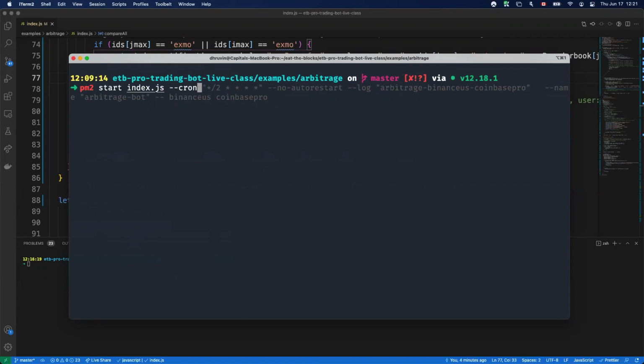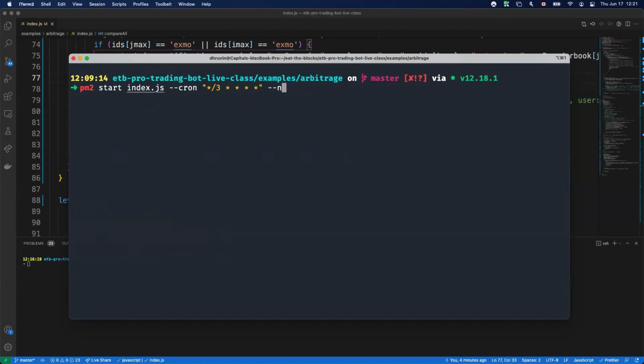Then we need to specify the cron job. I would like to run this arbitrage every, for example, 3 minutes. So I'll give the cron expression as 3, and in place of months, years, days, you can just put an asterisk, and this basically means it's going to run every 3 minutes.